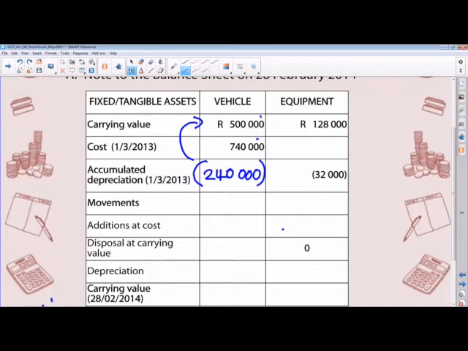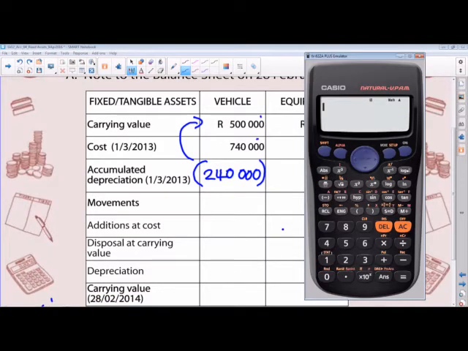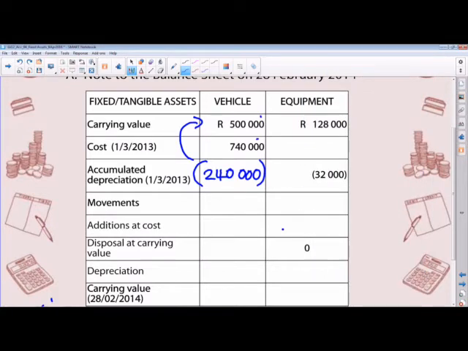Right, let's look at equipment now. With equipment, the cost price is not given, but I'm given the accumulated depreciation and the carrying value. So I take my calculator once again: a carrying value of 128,000 plus an accumulated depreciation of 132,000, because I know that cost price minus accumulated depreciation will give me my carrying value.